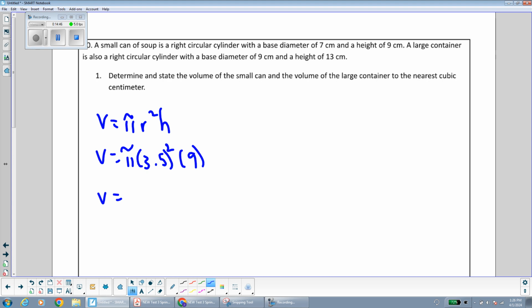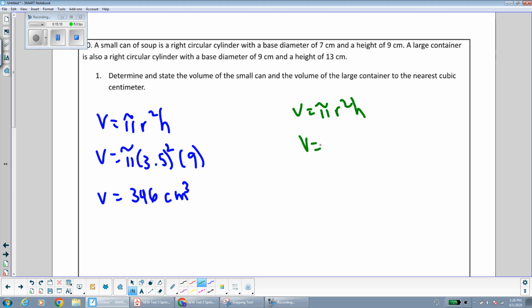So we are rounding pi times 3.5 squared times 9. And to the nearest cubic centimeter, that is about 346 cubic centimeters.